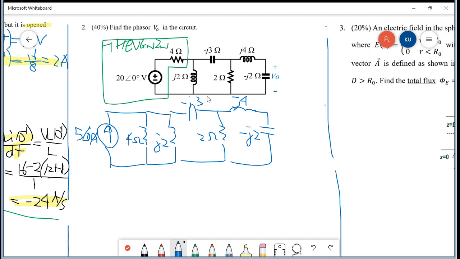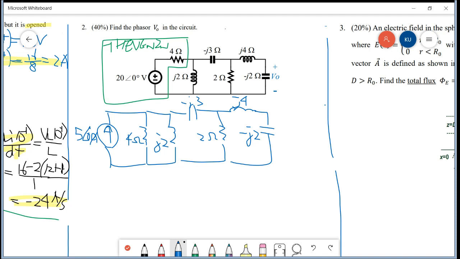But in this question, we just need to care about the frequency, because all the impedances of the inductor and capacitor have been calculated for you.